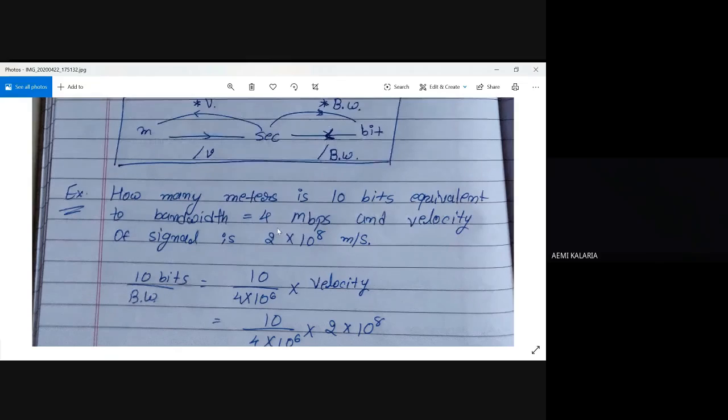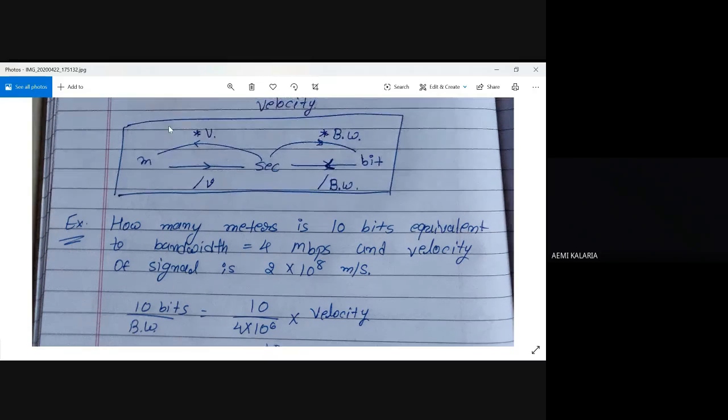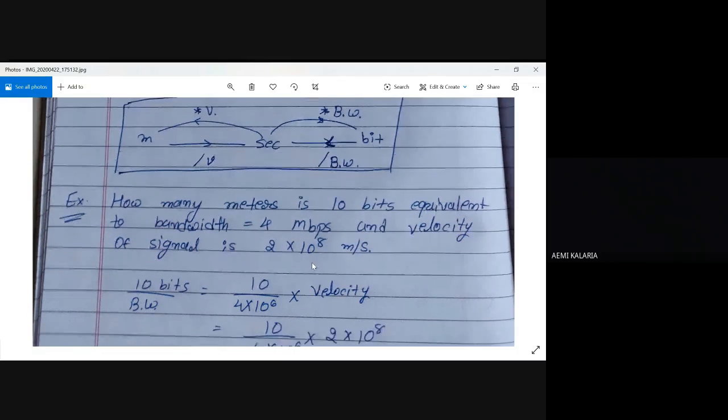So 10 bits divided by 4 Mbps. Now, from seconds to meters, if I want to convert, then simply I have to multiply with velocity, right? So multiply by velocity. First part, bits divided by bandwidth, then I'll get seconds, and then seconds multiplied by velocity, then I'll get meters, right?